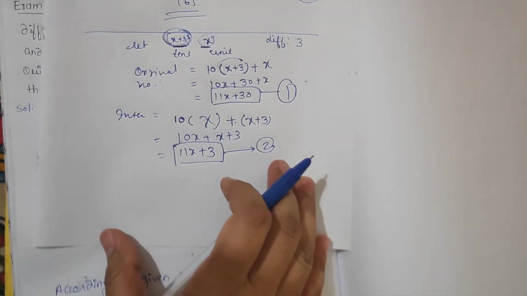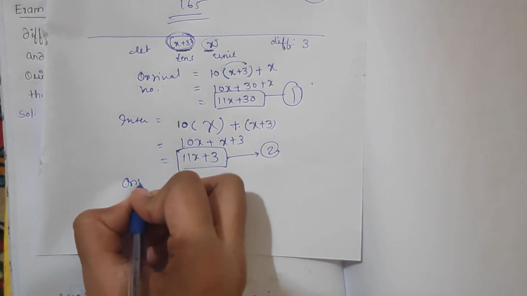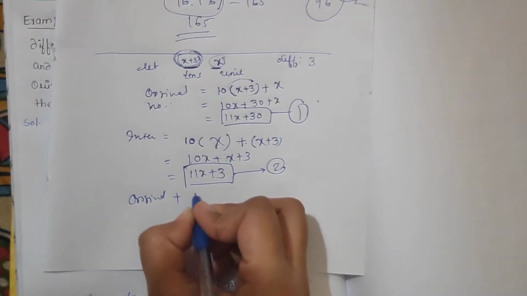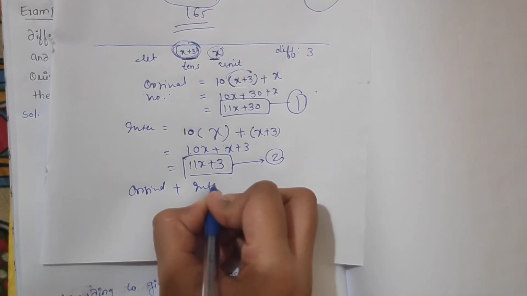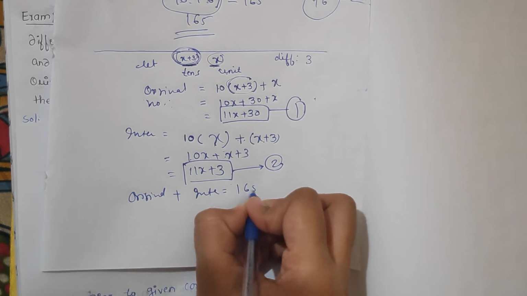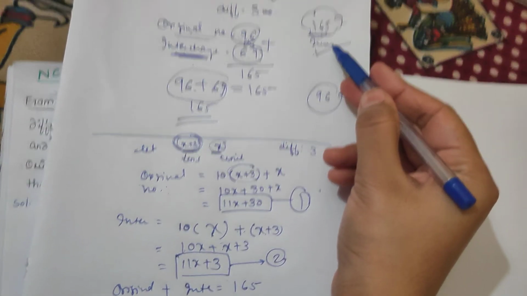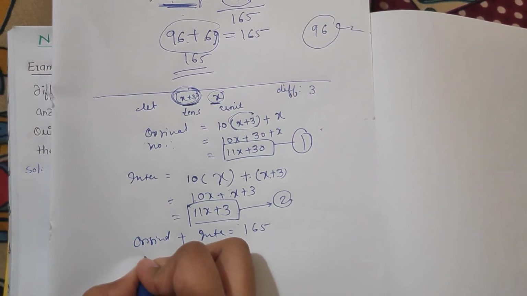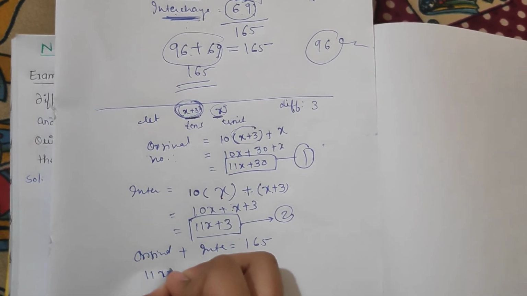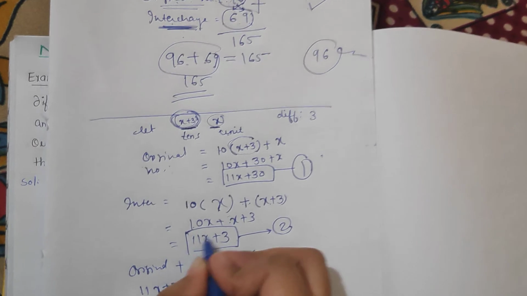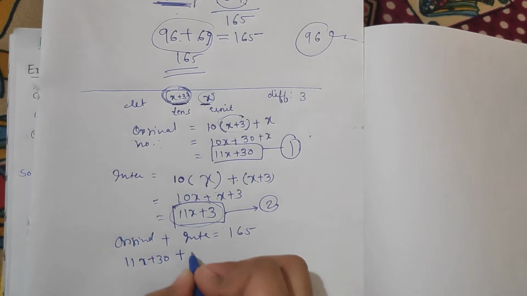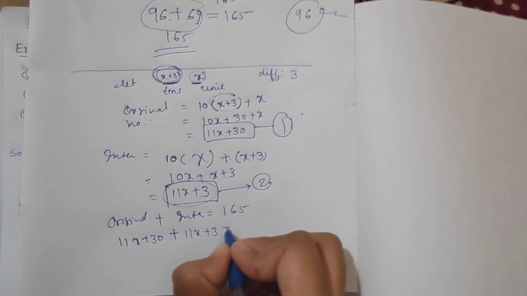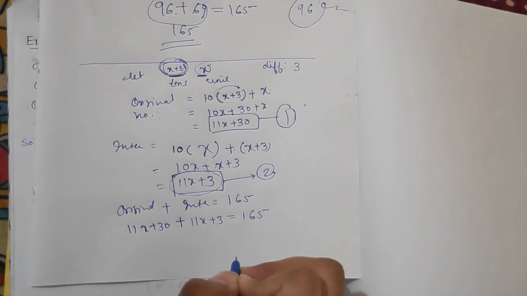Now according to the condition they have given, the original number plus the number after interchange is equal to 165. So our original number is 11x plus 30, plus the interchanged number 11x plus 3, equals 165.